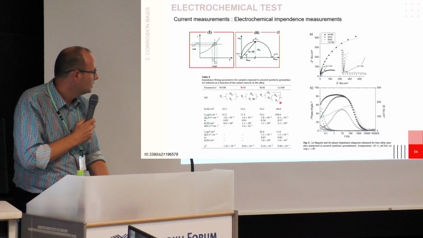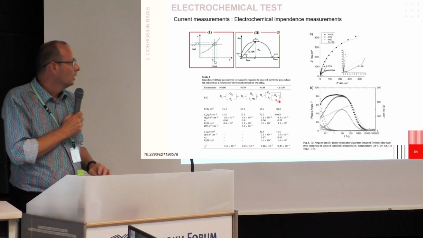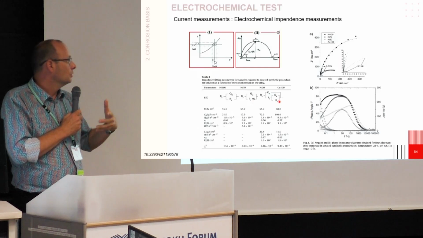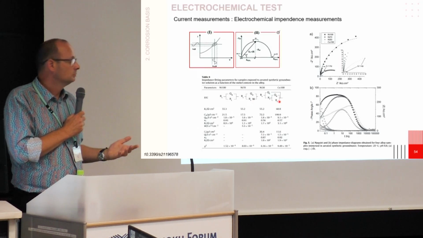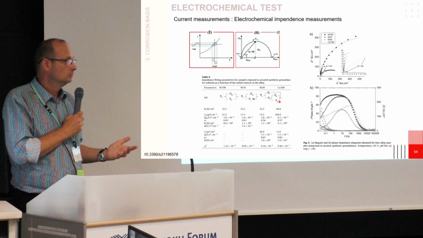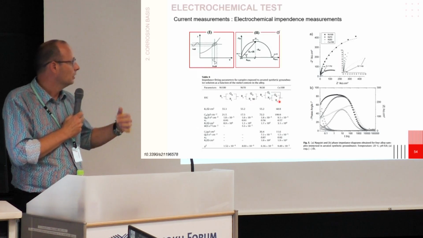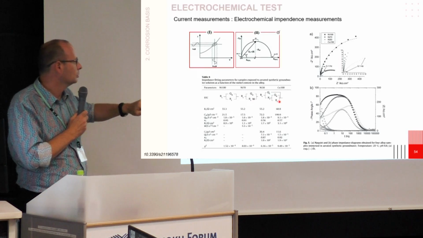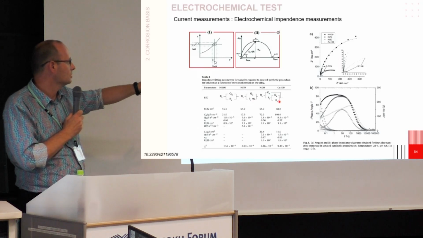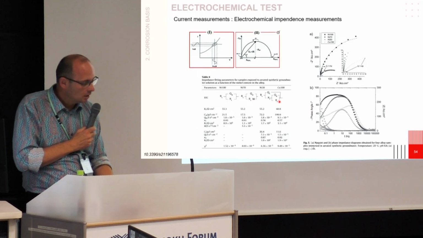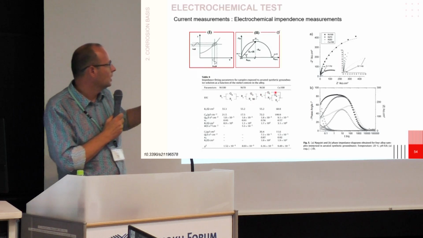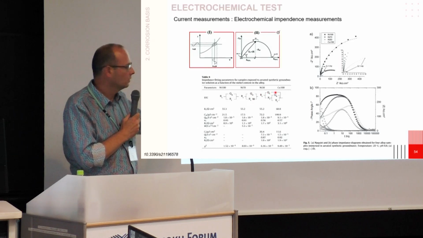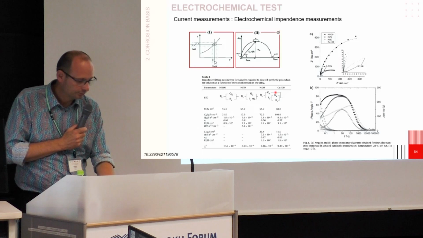And when you have this, that means that you have another contribution of reaction: electrical double layer, and space charge. It's a little bit more complicated as an equivalent system, but it's totally in line with the fact that the nature of the surface and the oxide are totally changing.